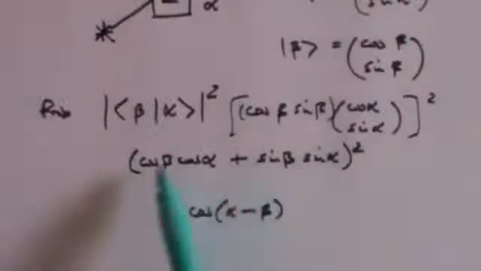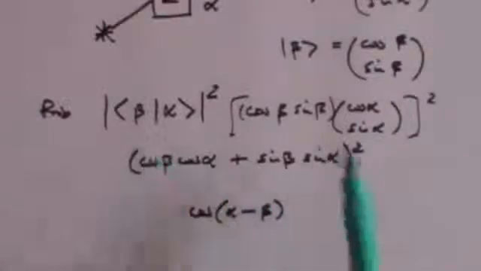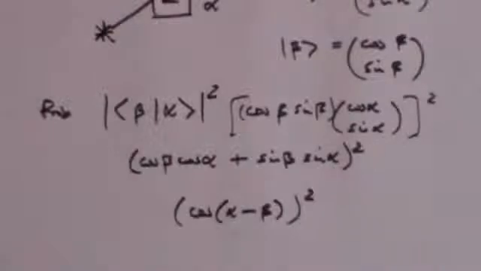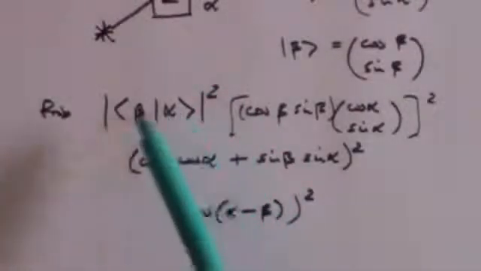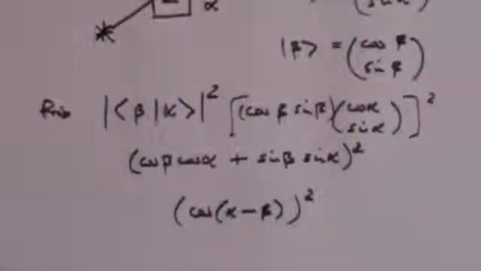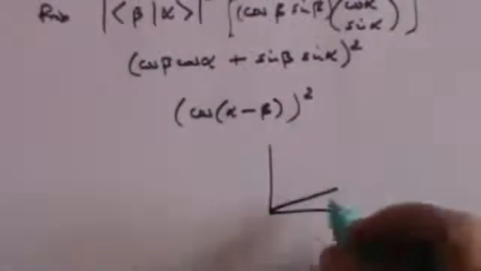That term inside the brackets is equal to cosine of alpha minus beta. So that has to be squared to give you the probability of something prepared in the alpha state going through the beta polarizer.